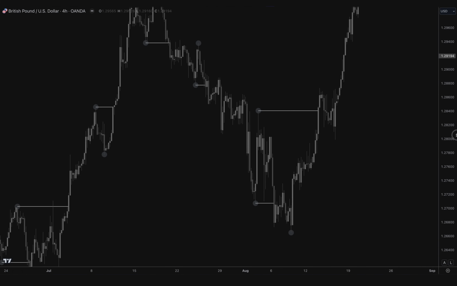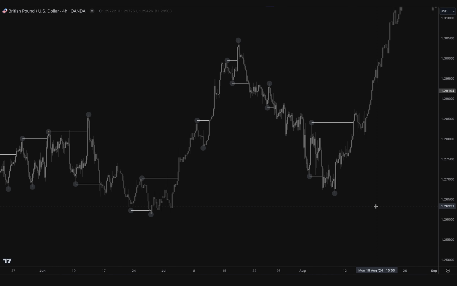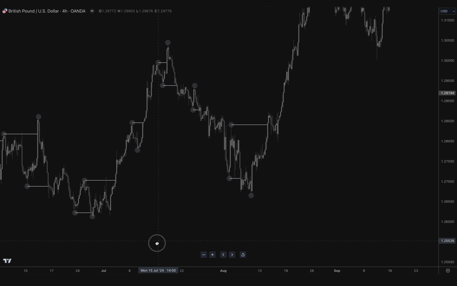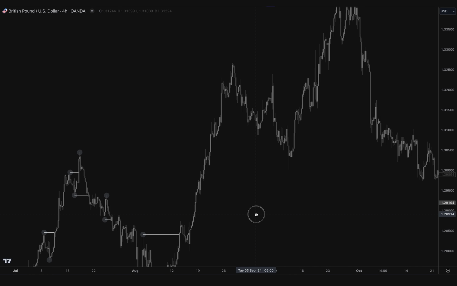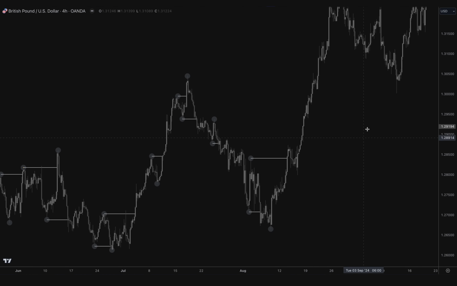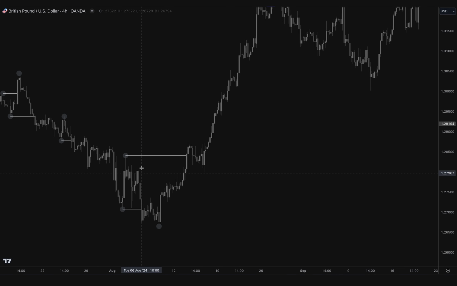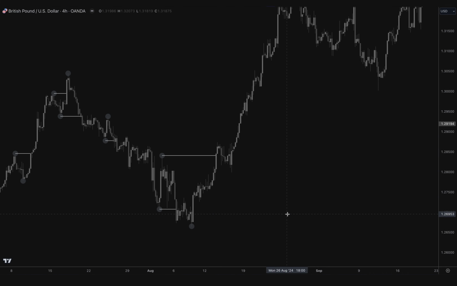So I hope that makes a bit more sense on how we draw our swing structure in a mechanical way while using the minor structure, so what is happening inside, to determine whether we're going to start a pullback or a retracement, or when we are following the overall trend.